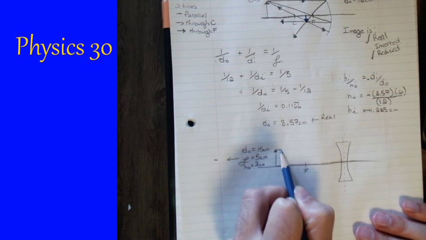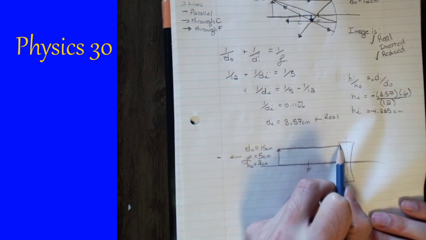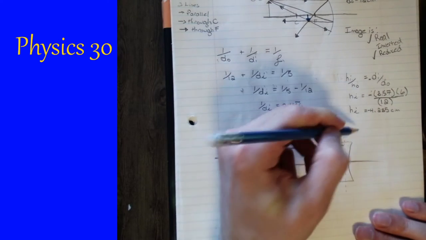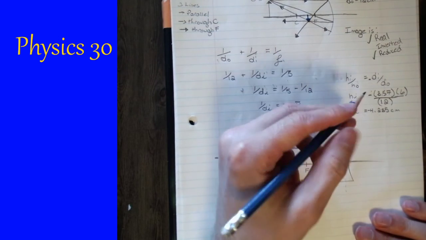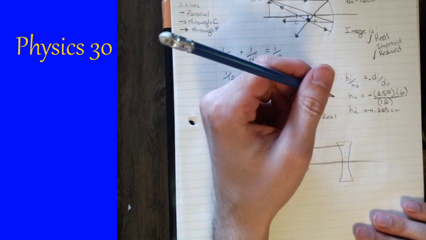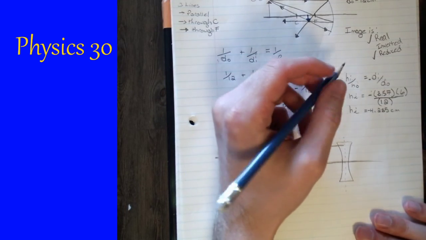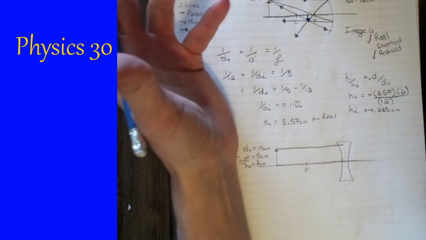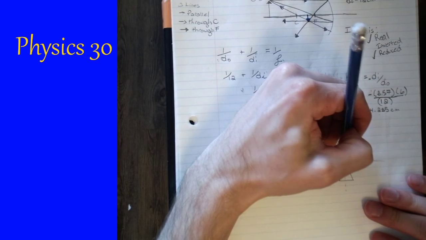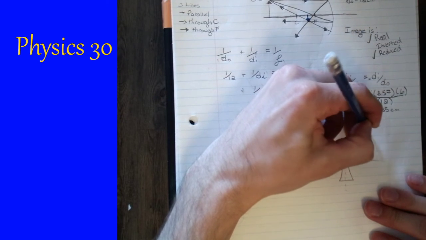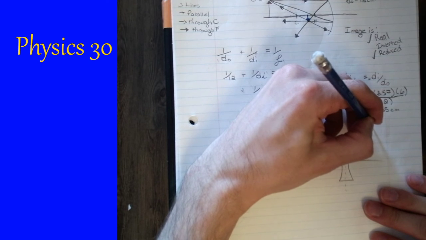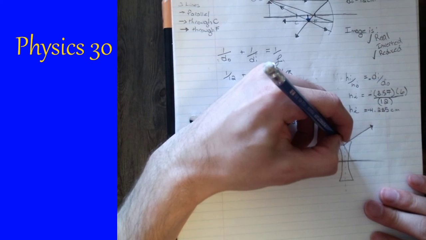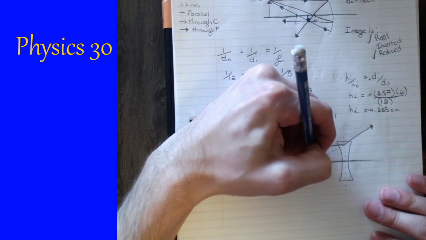So we'll draw our first one parallel, and it goes all the way to the center of the lens. And then this diverging lens spreads light. So the light rays that come in kind of go off like that. And they'll leave a trail back to the focal length.